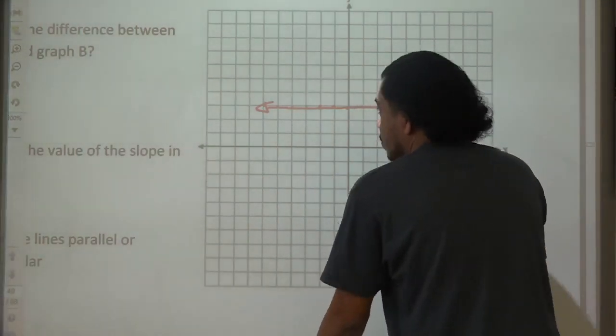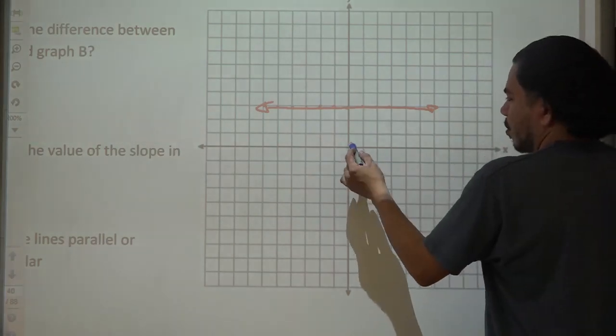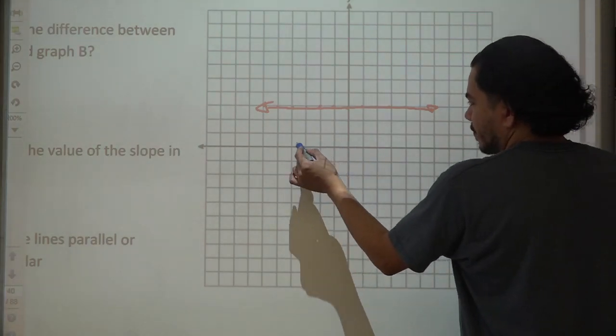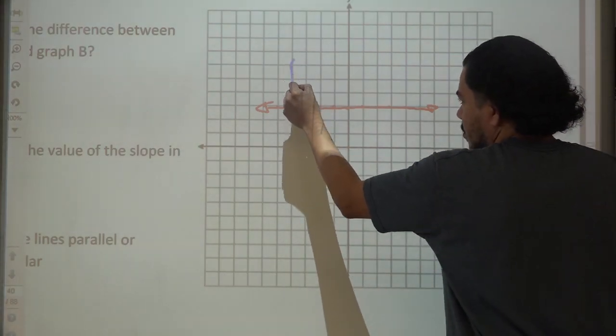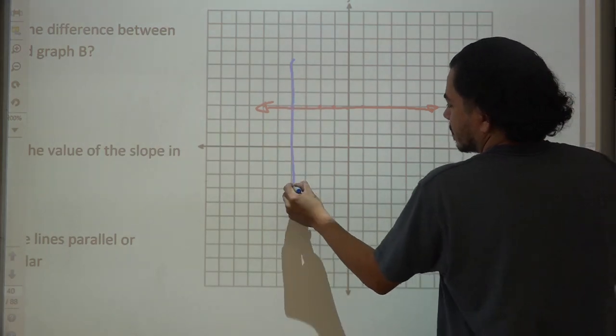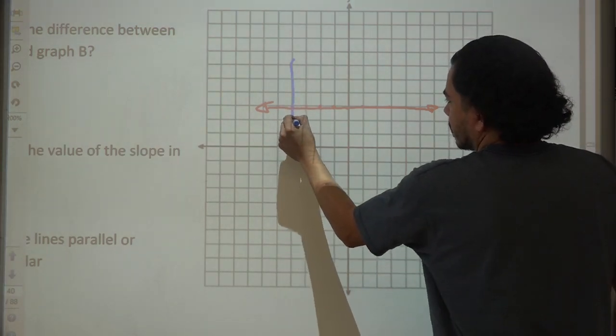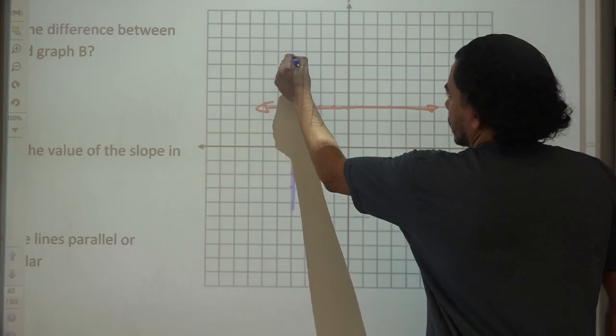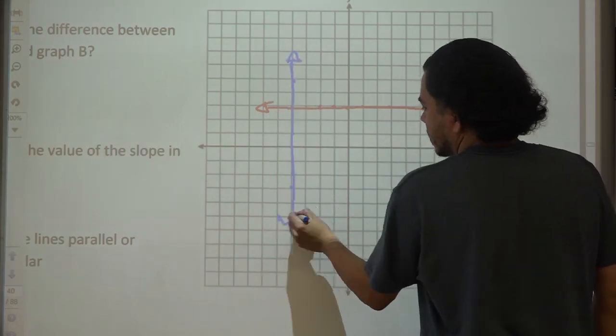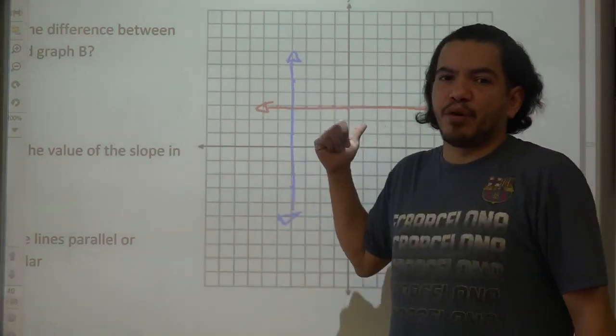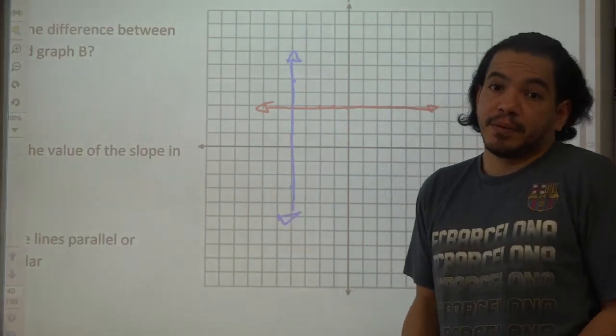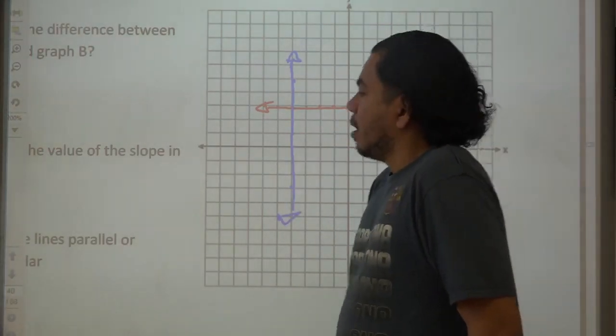And now x equals negative 4. Well, you go where x is negative 4. 1, 2, 3, 4, and then look, you mark the points. Put the arrowheads. And make sure that you label your lines. If you don't label them, you know what's going to happen. Okay then.